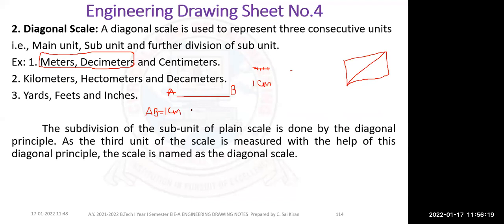If I want to locate half of the centimeter, AB by 2, what is the value? 0.5 of AB. If I take 0.5 of AB, I'll get half of this, so it will be at the center. Similarly, if I want to take 0.1, it will be somewhere here, then 0.2, 0.3, 0.4, 0.5, next 0.6, 0.7, 0.8, 0.9, and AB.